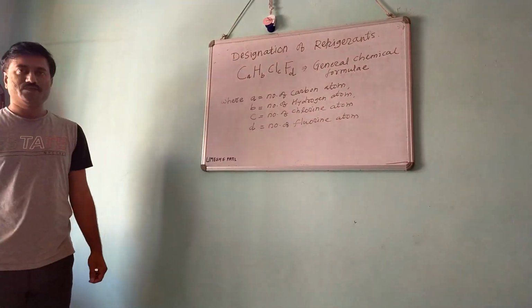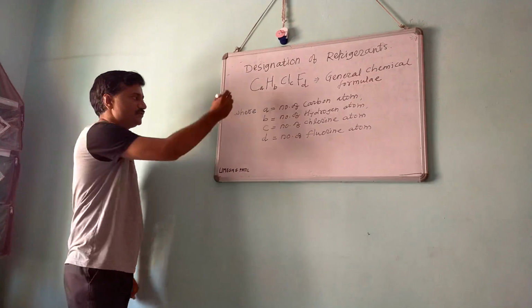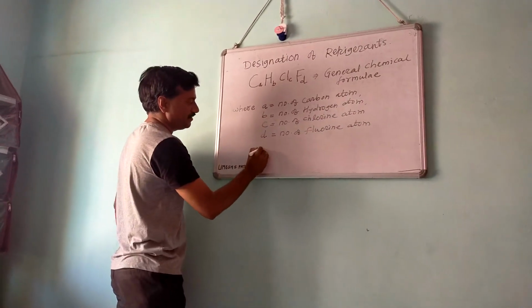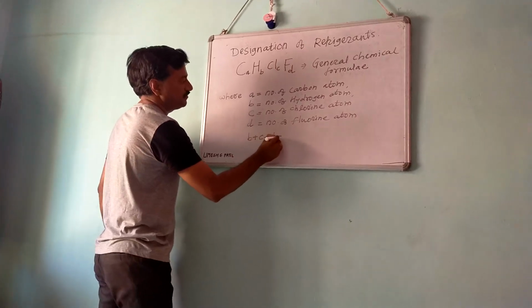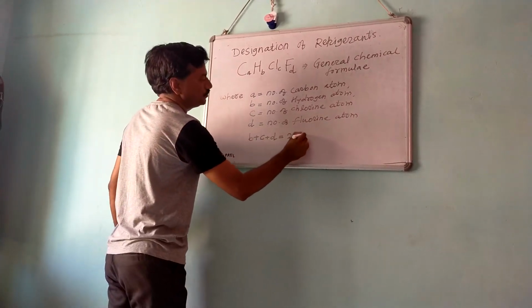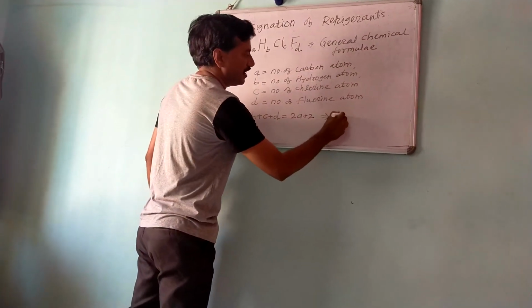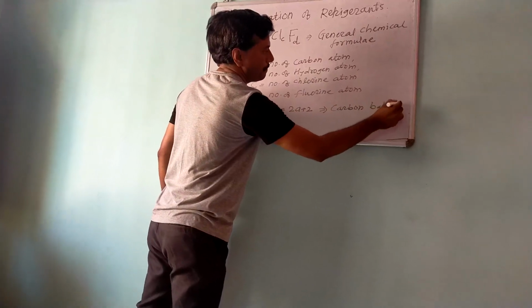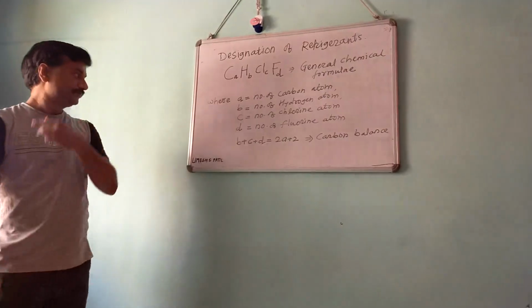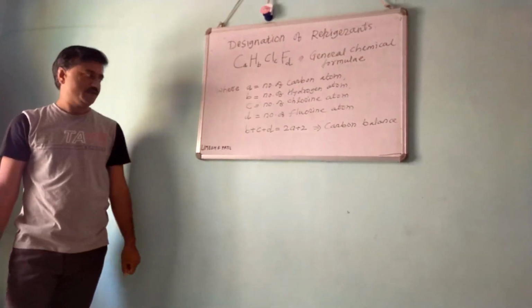And as we know, each atom should be balanced in a chemical formula. So this balance is given by b plus c plus d is equal to 2a plus 2. And this is the carbon balance for this given chemical formula.